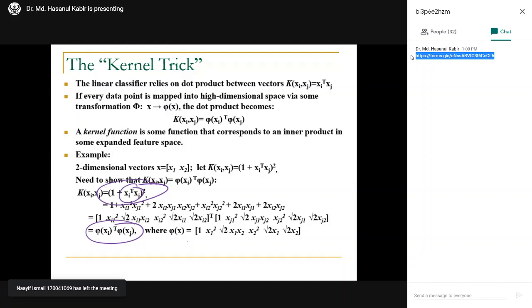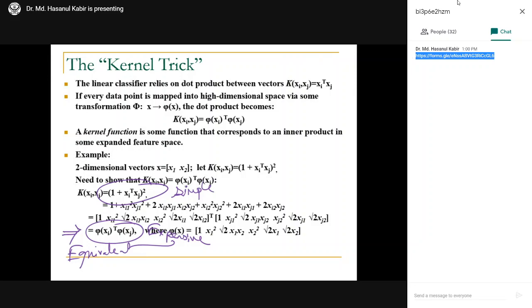So this is equivalent. You have to remember, this is equivalent. That means computing this one is expensive, but computing this is much simpler. So which one will you pick?